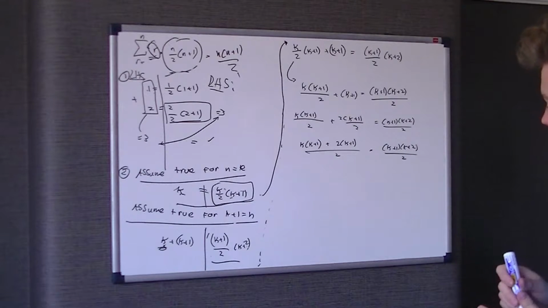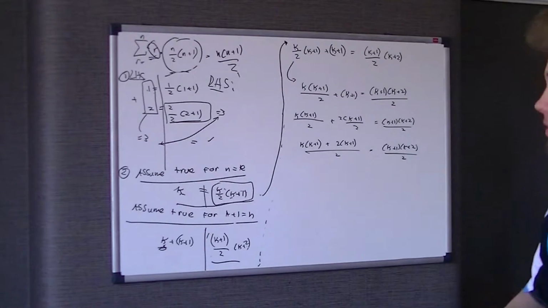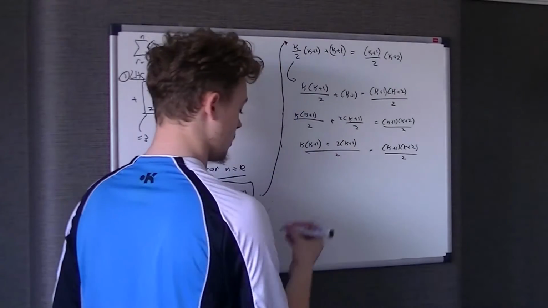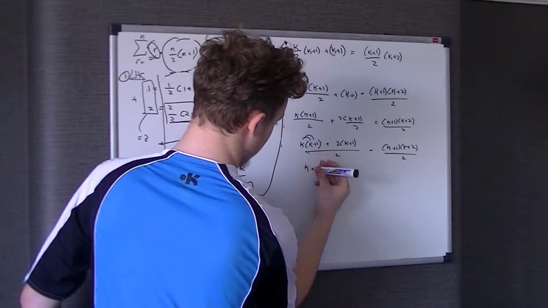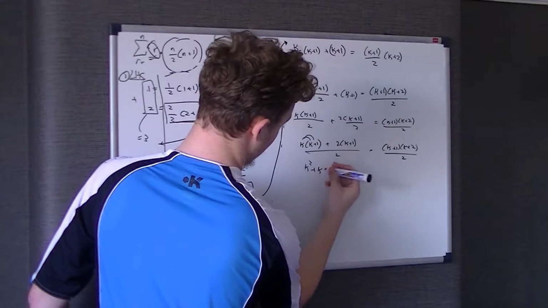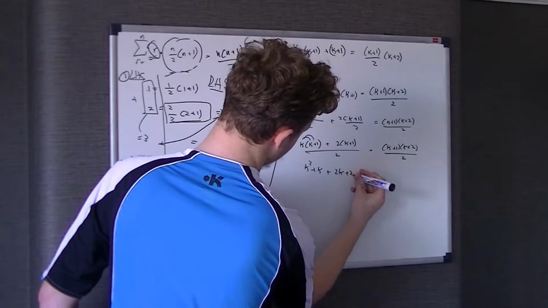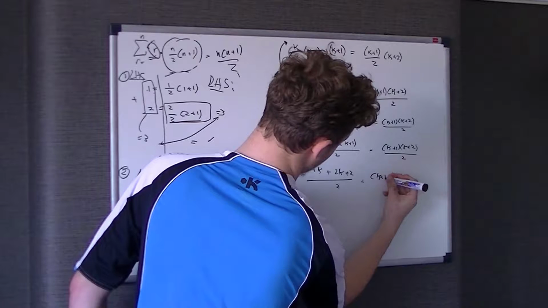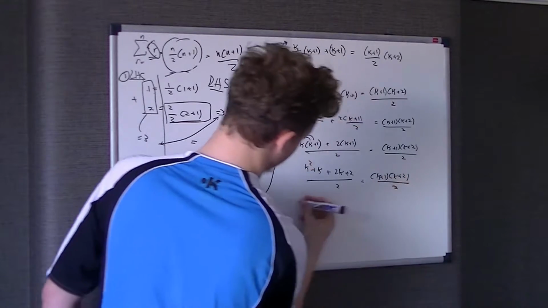In other words, we can't factorise that straight away, so we need to make that a quadratic and then factorise it. So to make it quadratic, we just expand all the terms out and see where we go. If you expand the first bracket, you get k squared plus k. If you expand the second bracket, you get 2k plus 2, and that's all over 2. And we say that's the same as k plus 1, k plus 2, all over 2.